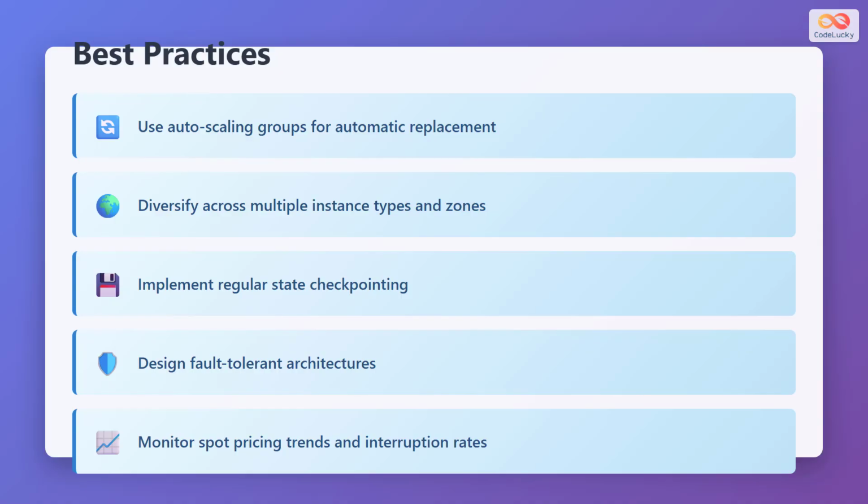Implement regular state checkpointing so your applications can resume from the last saved point rather than starting over. Design fault-tolerant architectures that expect and handle interruptions gracefully. Finally, monitor spot pricing trends and interruption rates to understand patterns and optimize your strategy. By following these practices, you can maximize savings while maintaining reliable operations.